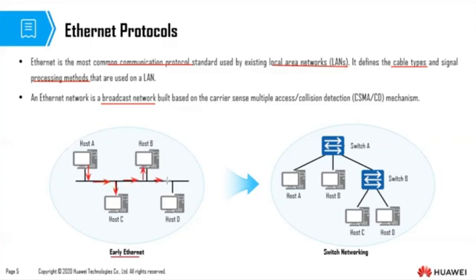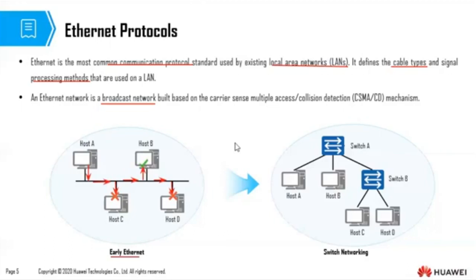Of course, only the person whose destination MAC address matches this particular frame is going to process it. Otherwise, the others are going to discard it. So for example, if A was sending to B, then C will discard it. This one will also discard it. But this one will process it.